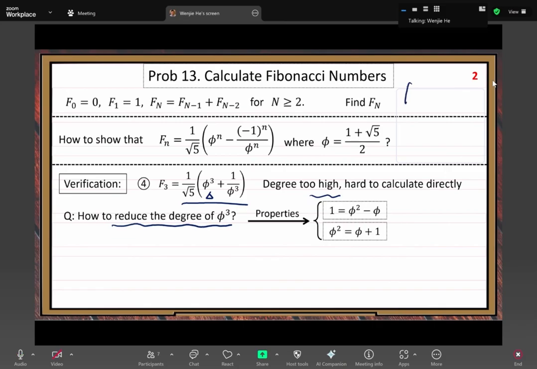We need to recall. By solving a quadratic equation, right? So this is the quadratic equation. So the golden ratio must be a solution of this quadratic equation. Then when you plug it in, the golden ratio should satisfy this equation, right?